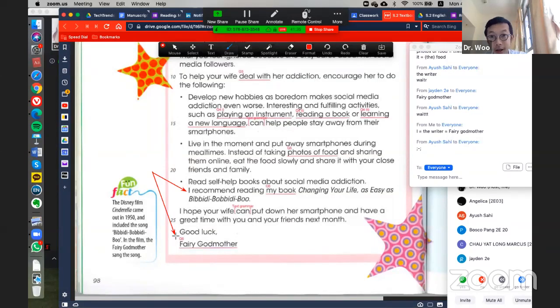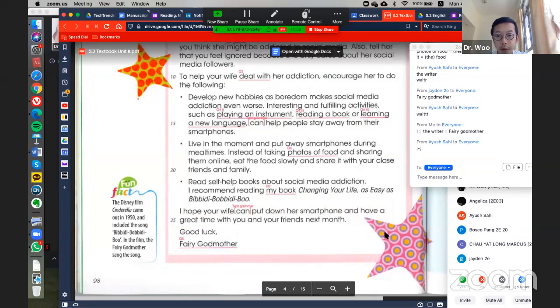So in a letter, we usually find the writer at the end. If we take a look at the structure of a letter, I'm going to zoom out.